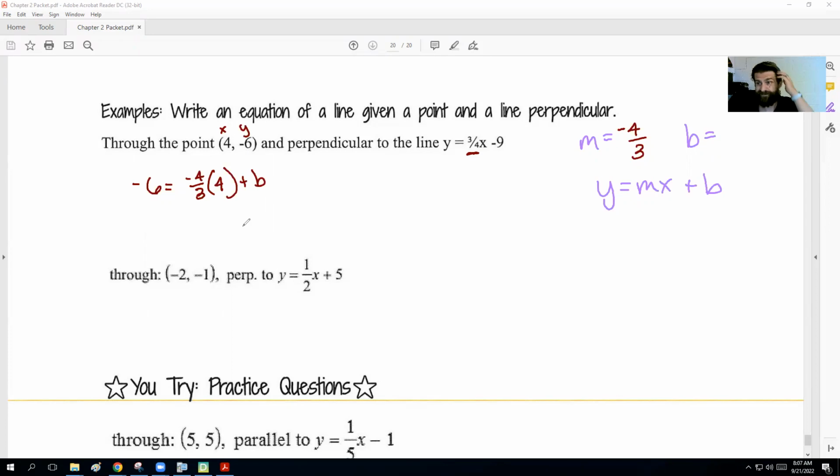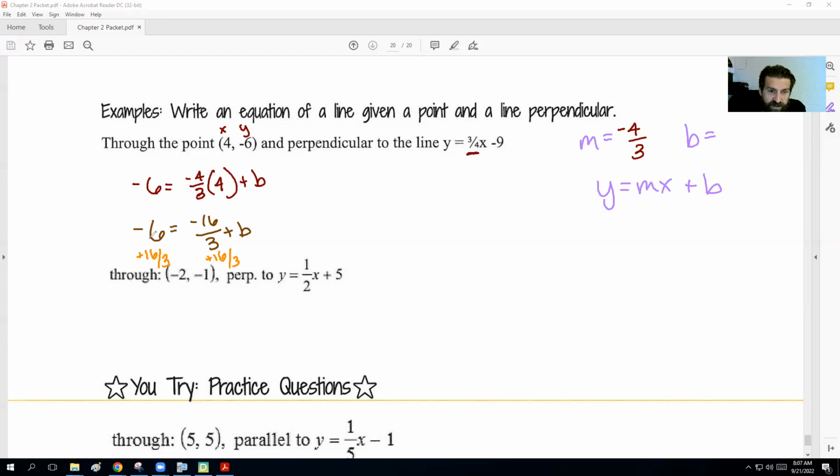Solve for b. Okay, this one is not going to come out nice, but that happens sometimes in life. All right, if we multiply negative 4 over 3 times 4, it doesn't come out nice. It's negative 16 over 3. And then if we add that over to the other side, oh, we're going to make Mr. Riz do some tough math in his head.